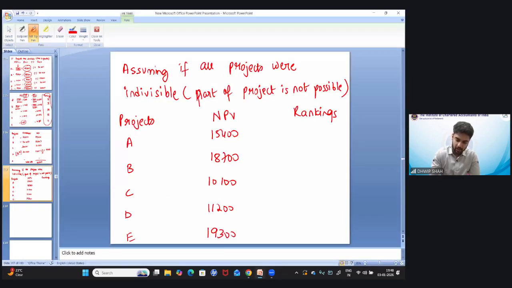Okay, so the project with the highest NPV would be given first rank. Project E again on the gold medal position. B again silver medal position. Now instead of D, project A has come on bronze medal position. Project D on copper medal position.